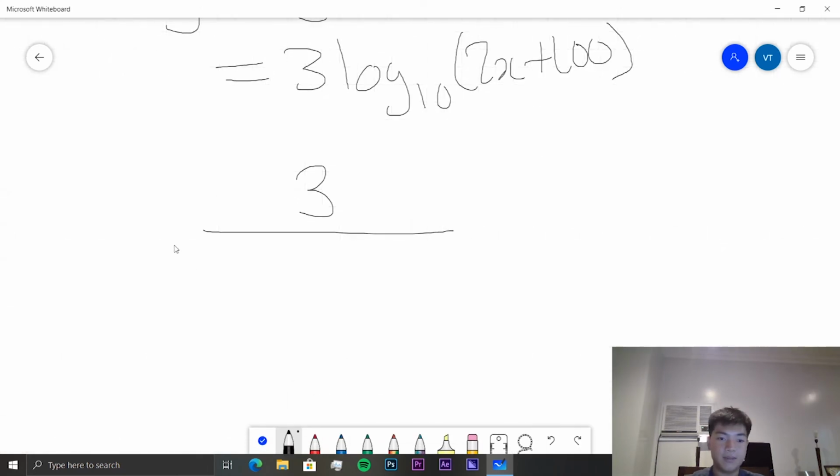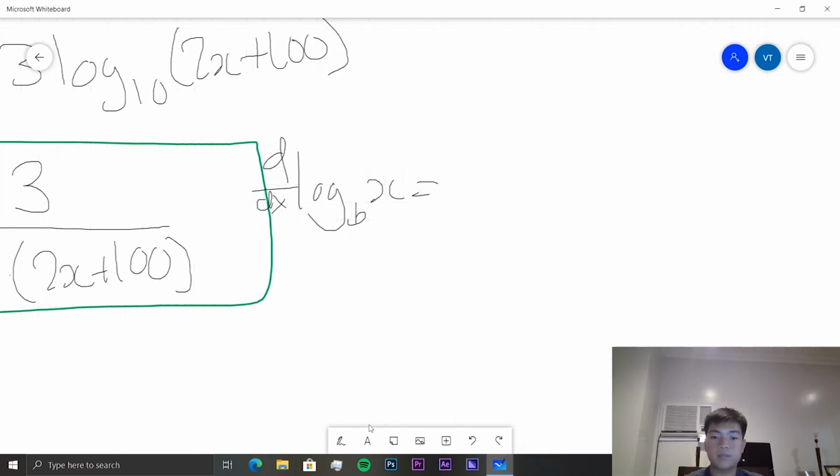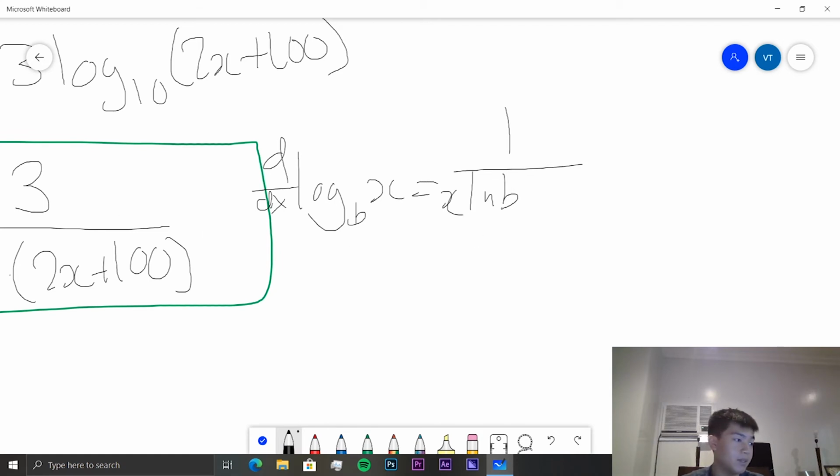So ln 10 times 2x plus 100. So this should be the derivative. Just remembering the rule that, of course, d over dx log bx is equal to 1 over ln b times x. So x ln b.